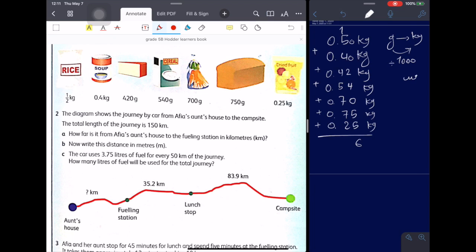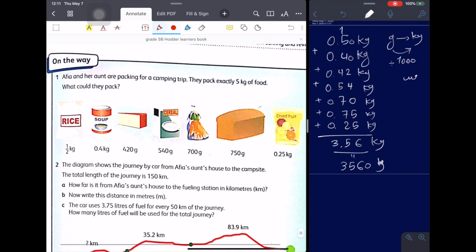So as you could see, even if we pack every individual object here, we are going to end up with 3.56 kilograms, which is 3,560 grams.